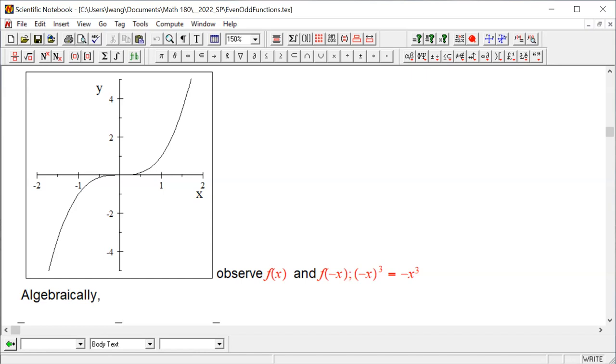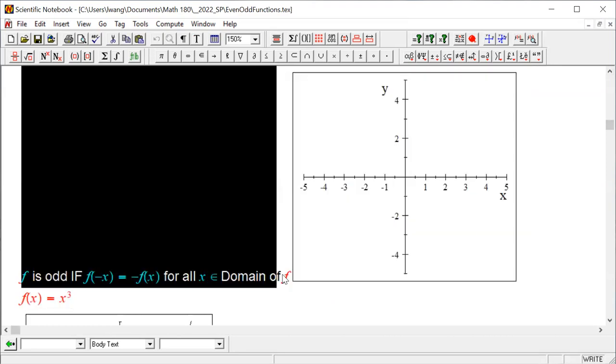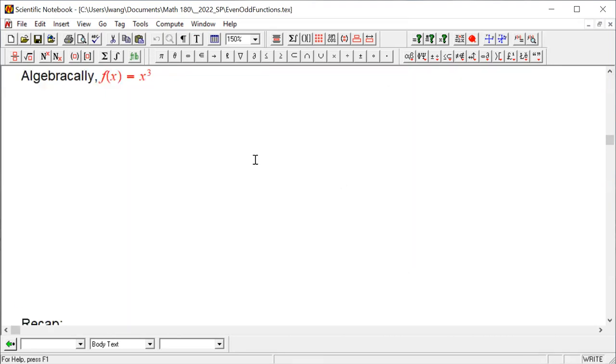Algebraically, the function is x raised to the power 3. By definition, this is the definition.